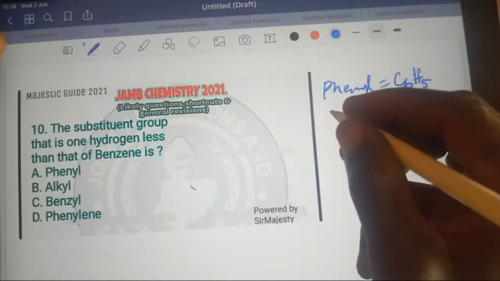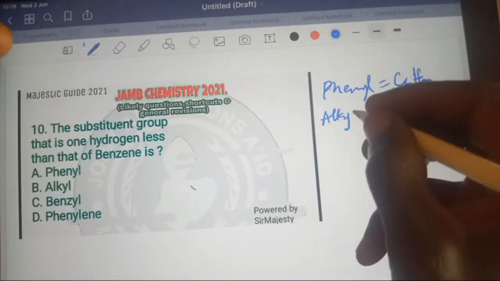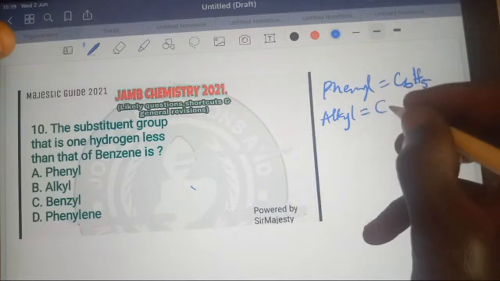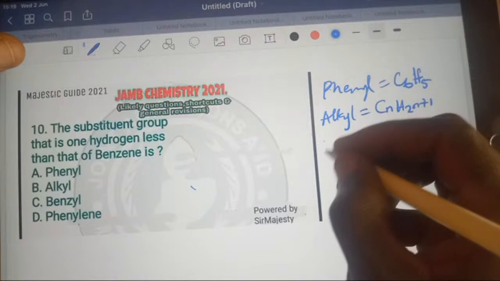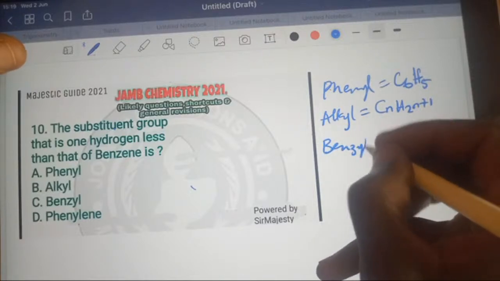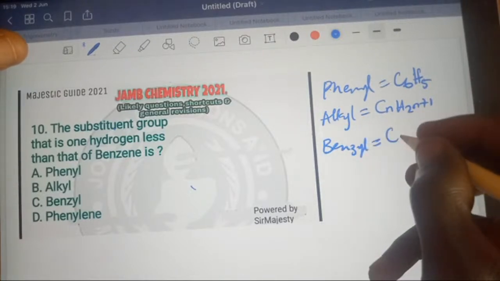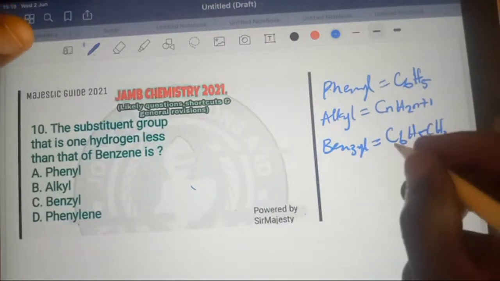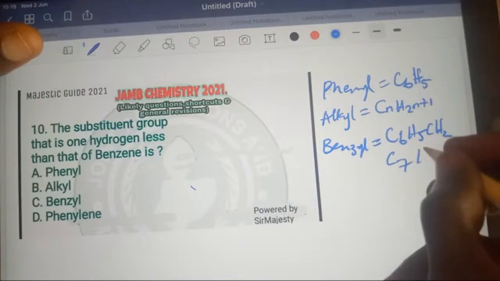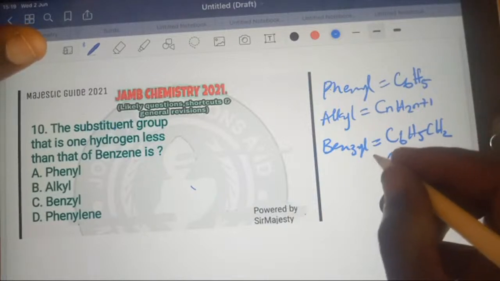Then the other option says alkyl is CnH2n+1. Then benzyl is C6H5CH2, which means in total you have C7H7. That's what we call benzyl.